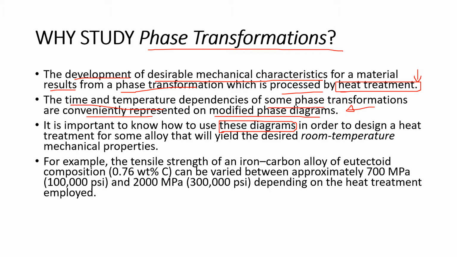So in order to design a heat treatment for some alloy that will yield the desired room temperature mechanical properties, for example, the tensile strength of an iron carbide alloy of eutectoid composition, which is 0.76 weight percent carbon, can be varied between approximately 700 megapascal, which is equivalent to 100,000 psi, and 2000 megapascal, which is equivalent to 300,000 psi, which is much larger than the individual constituent, which is iron.